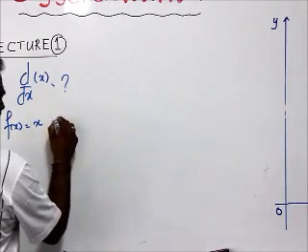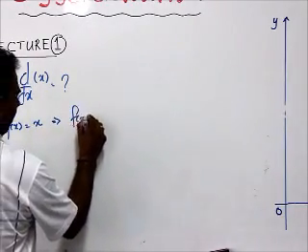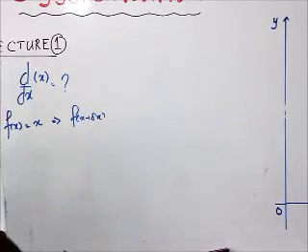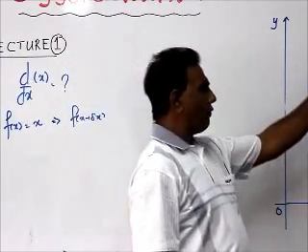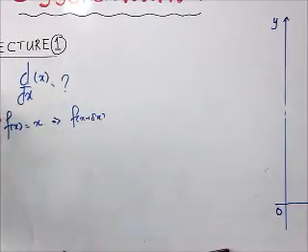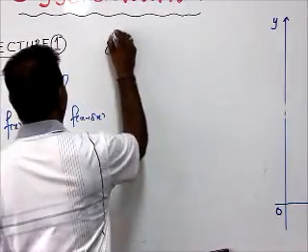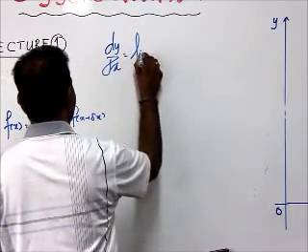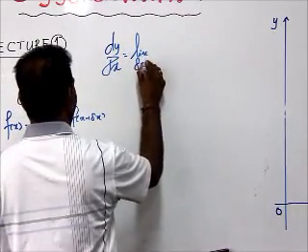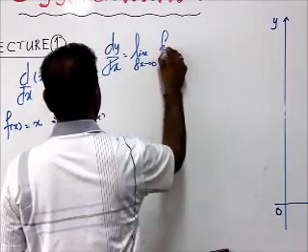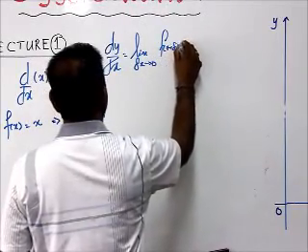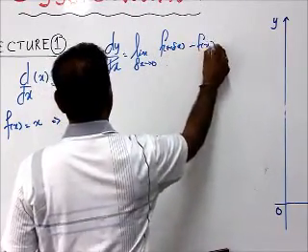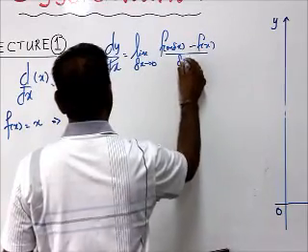So from this, f of x plus delta x. Hereafter there is no need to draw a graph. If any function is given, we have to apply this formula, the first principle formula: dy by dx is the limit of delta x tends to 0, function of x plus delta x minus function of x over delta x.